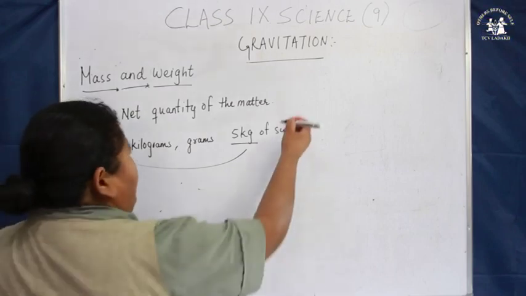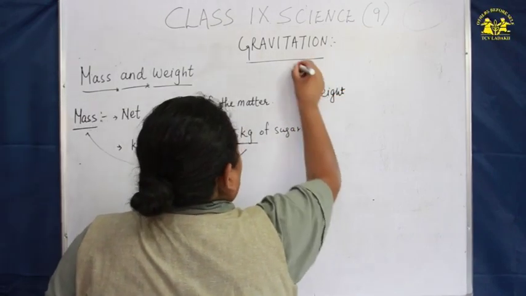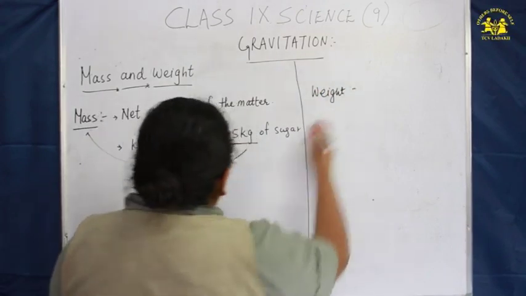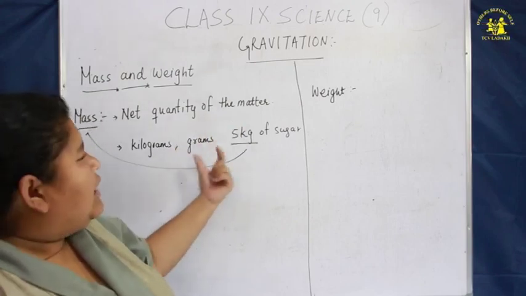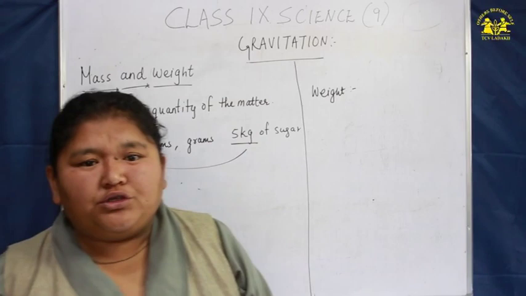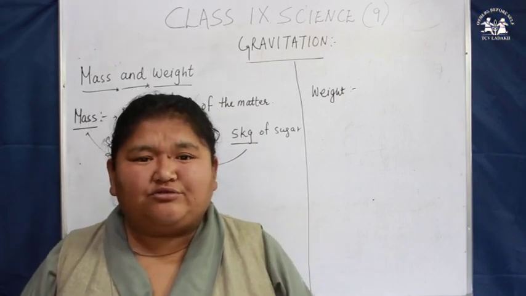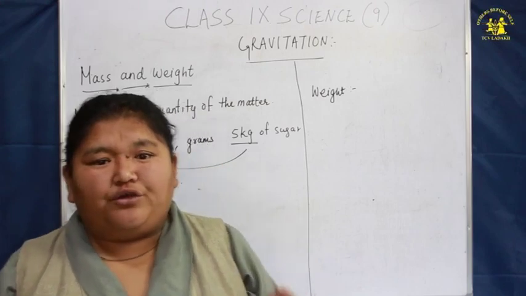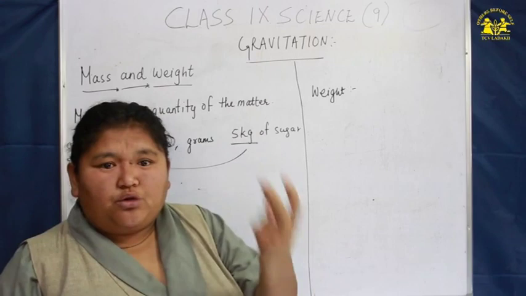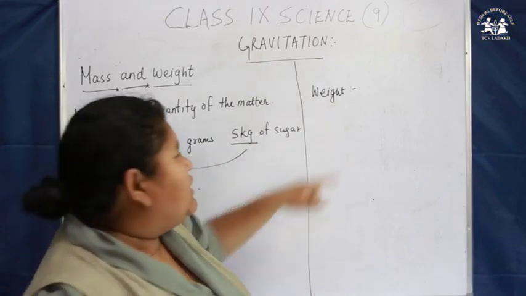However, what is weight? If mass is the total quantity of matter, how do we describe weight? Weight is the amount of force with which a substance is attracted towards the center of the earth. We call that force weight.